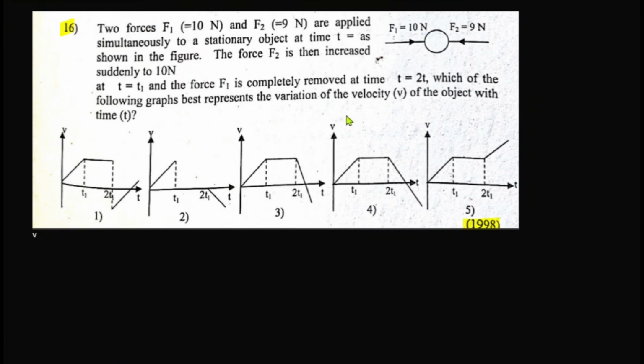Here they are saying two forces F1, which is 10 newtons, and F2, 9 newtons, are applied simultaneously to a stationary object at t equals 0 as shown in the figure.